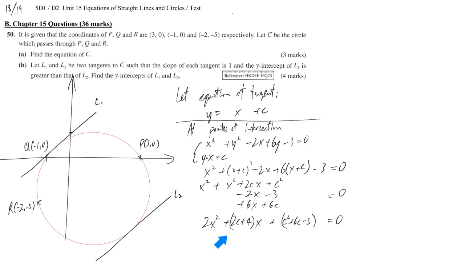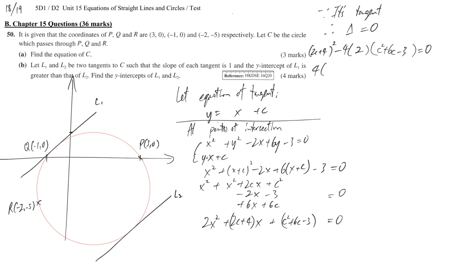It's very clear we can separate the a, b, and c for the quadratic equation. Because this is a tangent, there is only one point of intersection. So this quadratic equation should provide only one repeated root. Then we can use the formula b squared minus 4ac equal to 0. b squared is (2c plus 4) squared, and then a is 2, c is c squared plus 6c minus 3, equal to 0.